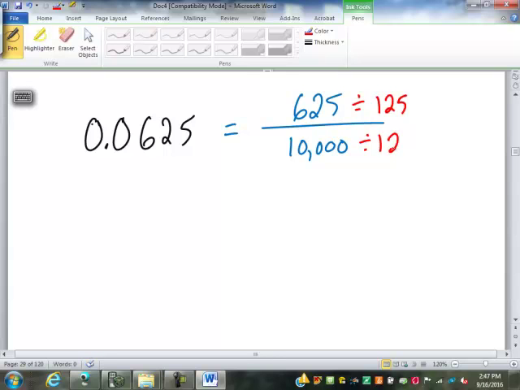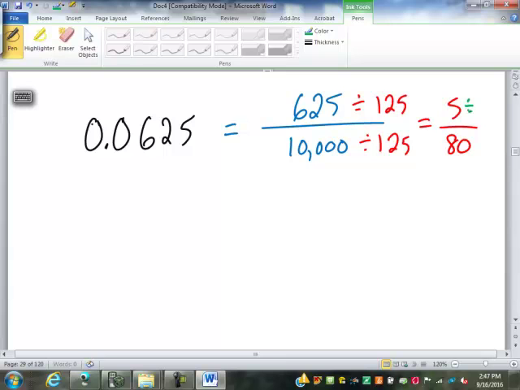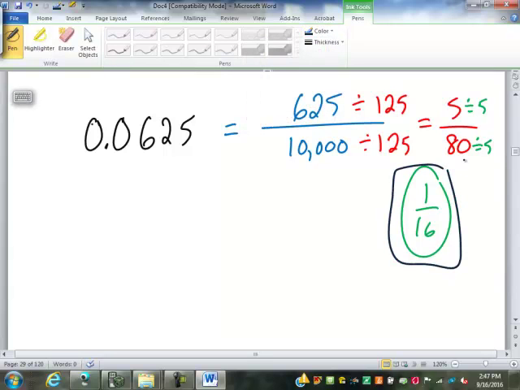Or 5 or 25. This is going to become 5 over 80. This can still be reduced by 5. Give me 1 over 16. Anybody get 1/16? Perfect.